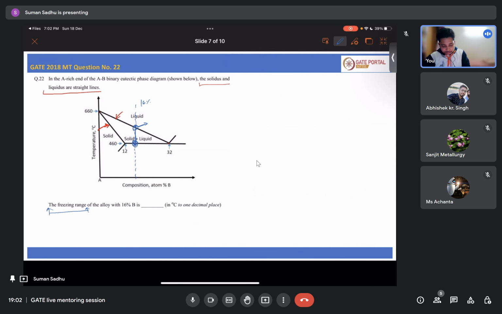So in this case, it started forming solid from this point, and at this point the solidification is completed. So this difference you have to find out. This length, that is delta T, you have to find out.